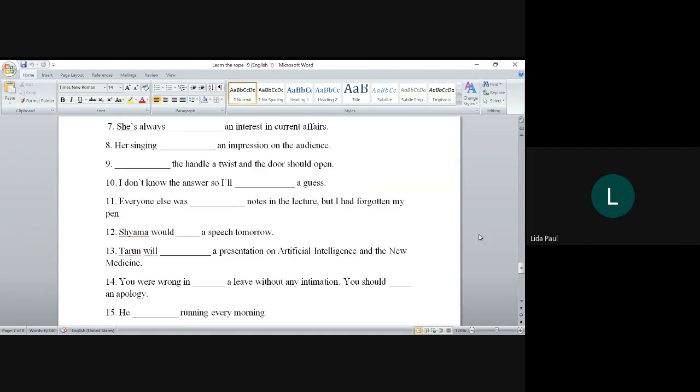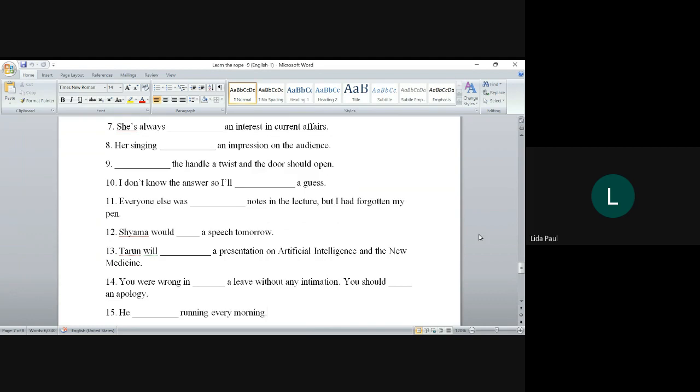You don't take notes, right? If you're writing the notes, you're preparing something on your own. So that's making notes. Everyone else was making notes in the lecture, but I had forgotten my pen. Make notes is the used expression in the language.